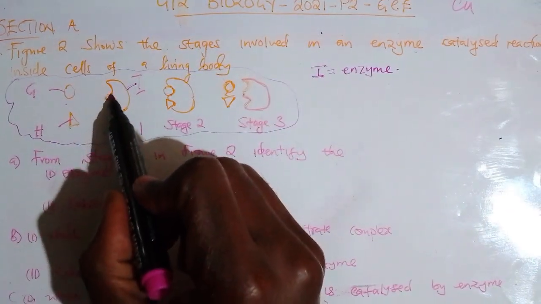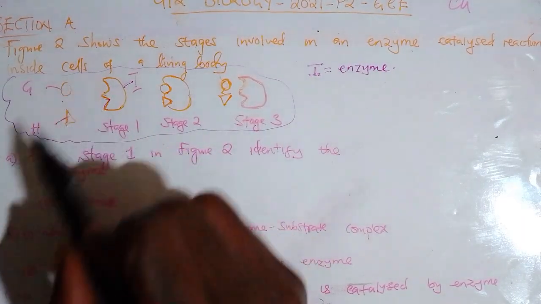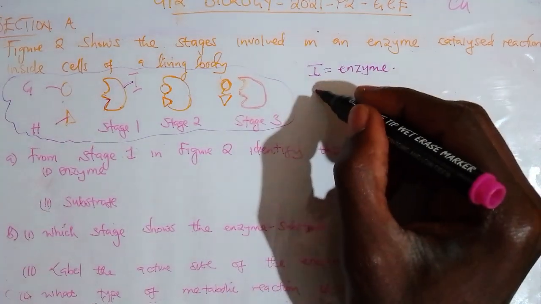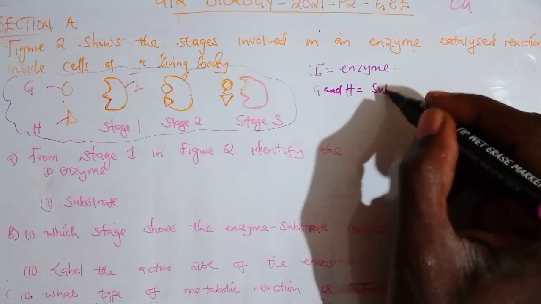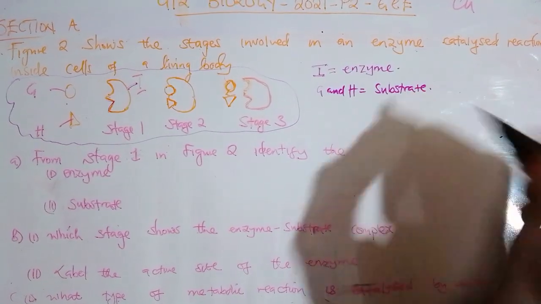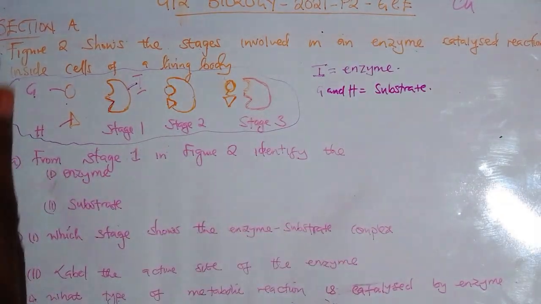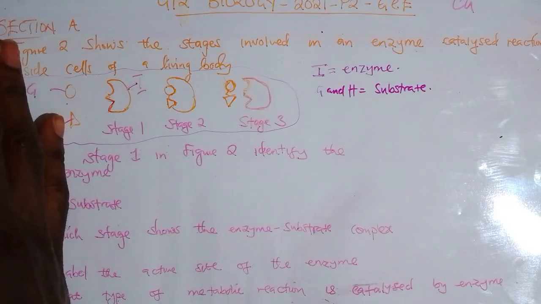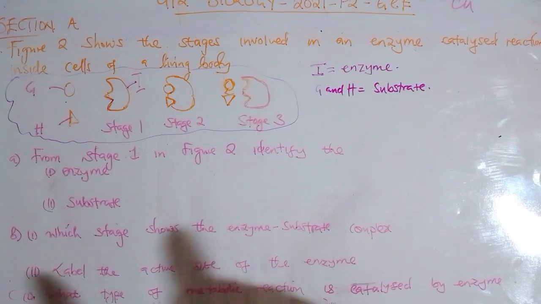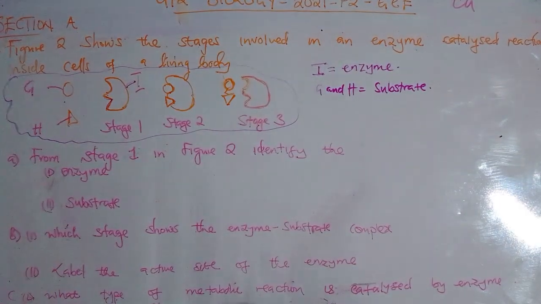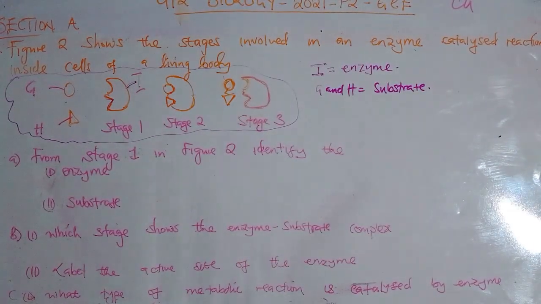Because it has this part and also this part where these two will go and bind, and G and H are known as substrate. Why are we saying G and H are substrate? Because if you see the shape of G and H and the shape of I where they are going, they are complementary. This is what we say complementary. They fit into each other.